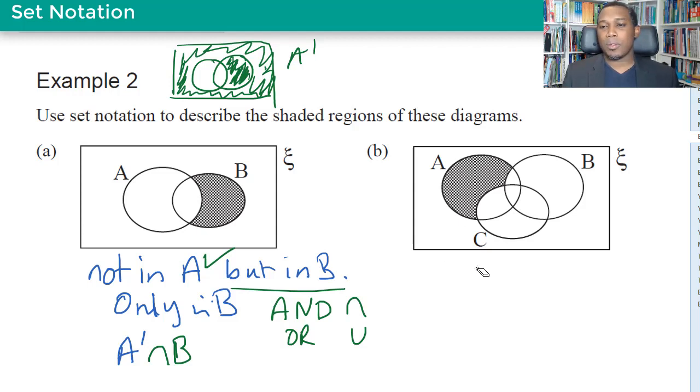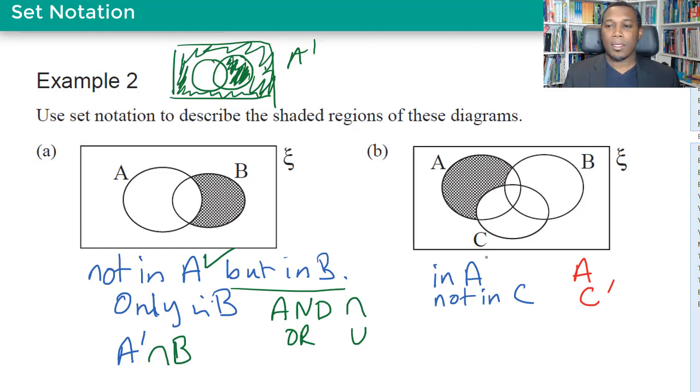Now, for this one, what I'm going to think about is, okay, right, in A, I'm going to write in A. So definitely have A. Not in C. I'm going to put not in C because everything that's in C has been removed. And if I'm writing not in C, look at what, if it's going to be in A, I'm going to have to use the letter A. If it's not in C, none of C is included, I have to use C prime.